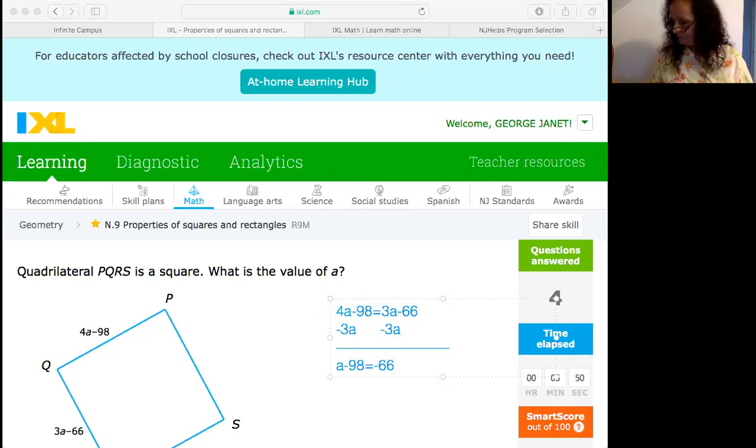Okay. Next step, you add 98 to both sides of the equation, and you need to pay attention. Different signs subtract. So you add 98 to both sides of the equation.